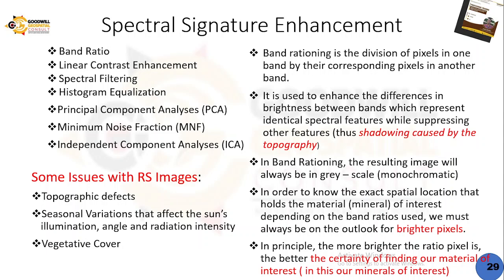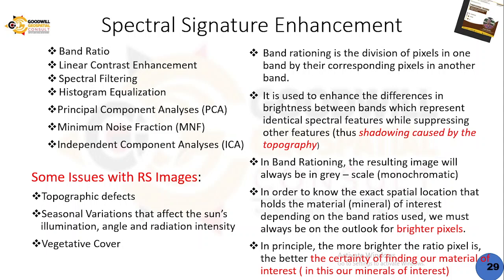Now, spectral signature enhancement. How do we enhance spectral signatures? We use the band ratio. We've talked about spatial enhancement, where we use the highly resolved bands to enhance the lowly resolved bands. Just as we can do spatial enhancement for an image, you can also do spectral enhancement. You can enhance the spectral signatures.